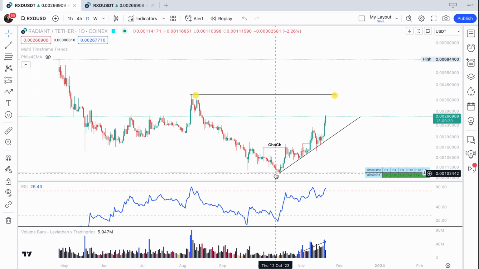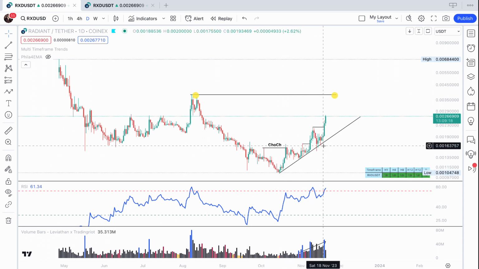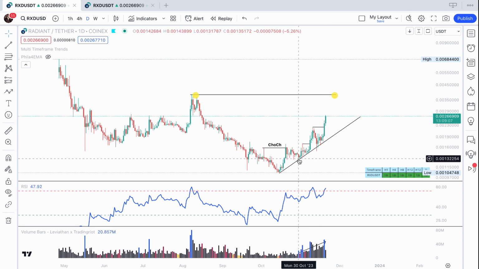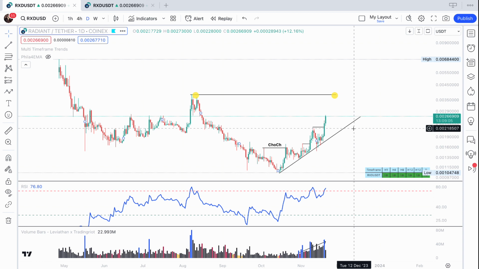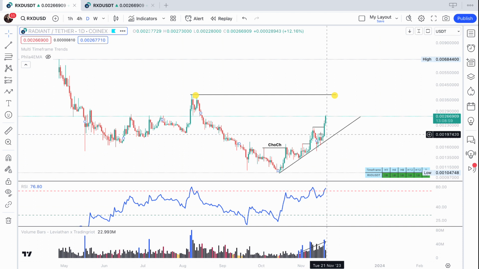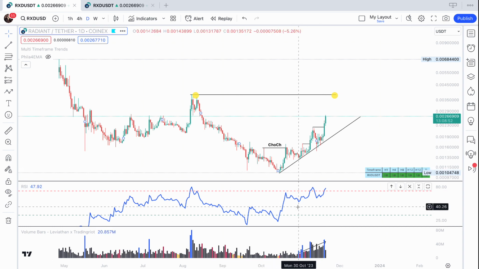I want the asset to be generally in an uptrend, but within the uptrend, I will try and enter on the pullback. For example, on this trend line here, on this touch, or on this touch, or I will be looking for supply and demand zones, but I'm not looking for entries when I see green candles, because you know the saying of what happens to traders that buy green candles.